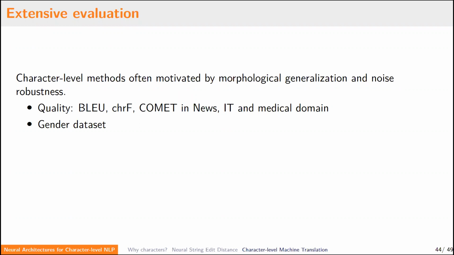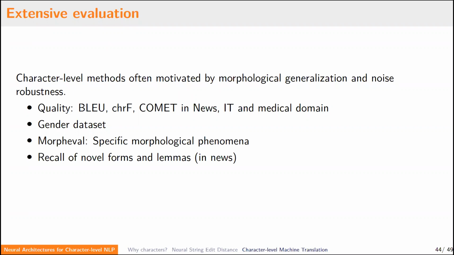We also evaluated on a gender data set, which consists of sentences with coreference in some stereotypical cases, we used MorphEval to have a look at specific morphological phenomena. We measured recall of novel forms and lemmas, by which I mean forms and lemmas which did not appear in the training data, and the translation quality under noise that was sampled on the source side.